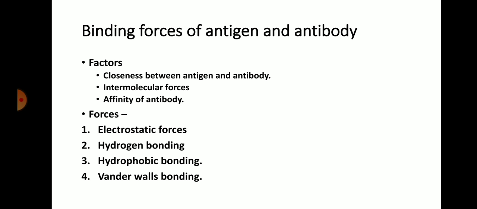There are many forces and factors responsible for the binding of antigen and antibody. First of all, closeness between the antigen and antibody. Antigens circulate in the body through the blood, and the antigen presenting cells carry these circulating antigens towards the lymph node.